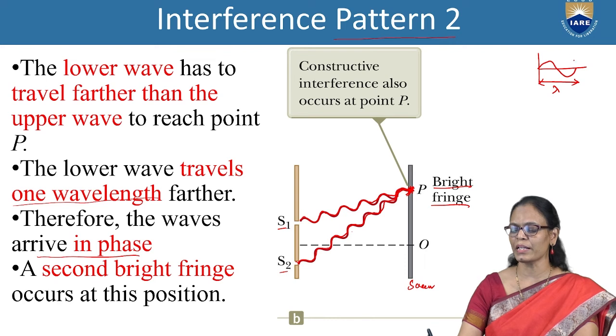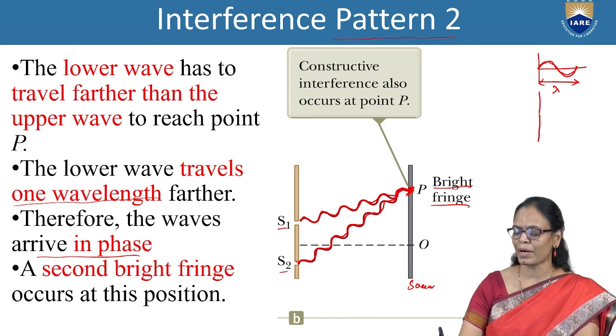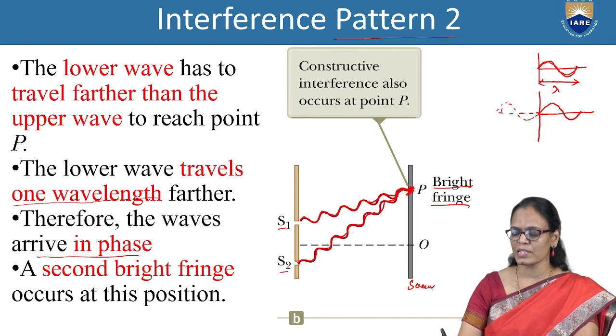So to explain here, what I can say is, this is the first wave which is arriving at this point. And if I talk about another wave which is coming from here, this has already traveled this much distance when it comes here. But if you see these two waves, they are in phase. So this is traveling 2 lambda, but this is only lambda.